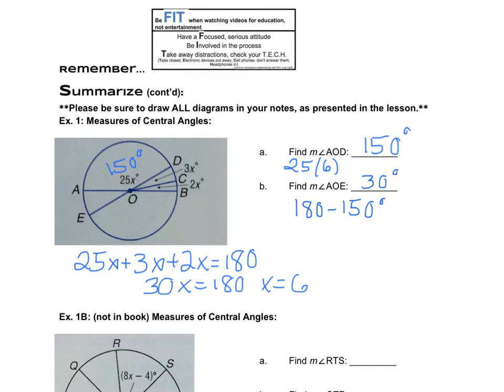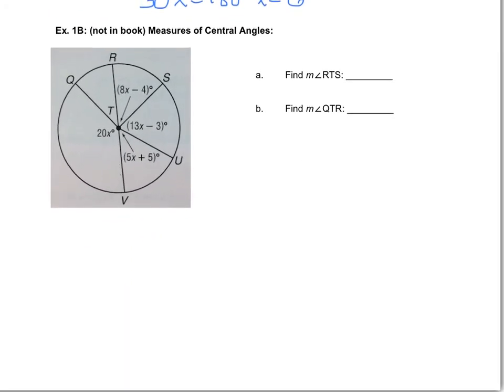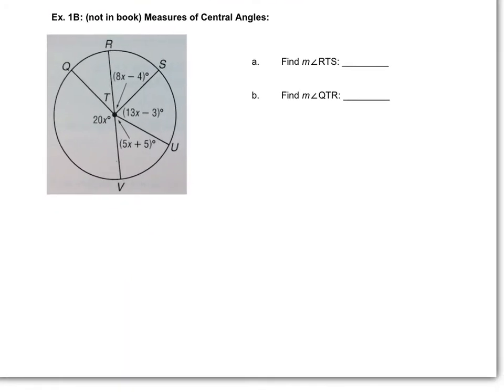The next example that we're going to look at is not in your textbook, but it's similar, using algebra again to find the missing measures. We're going to use the idea of a linear pair, or in this case again a triple. We've got three angles here that are going to add up to 180.